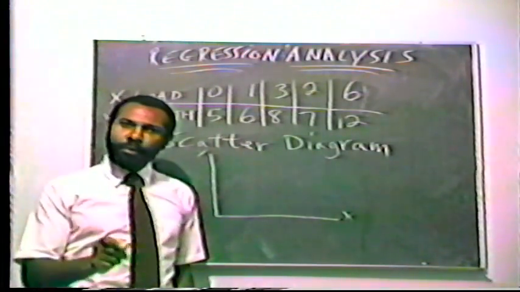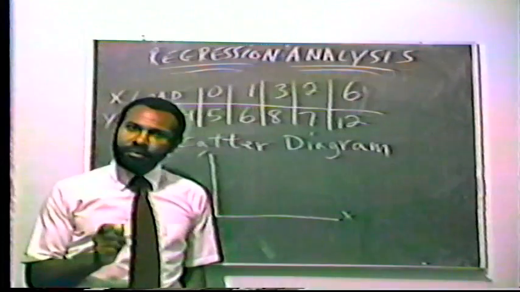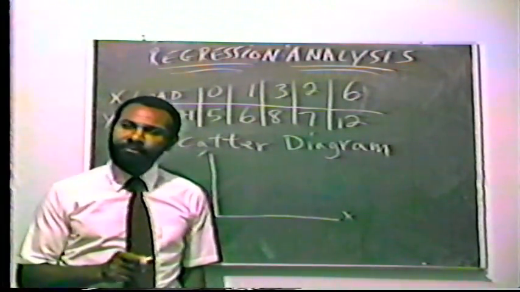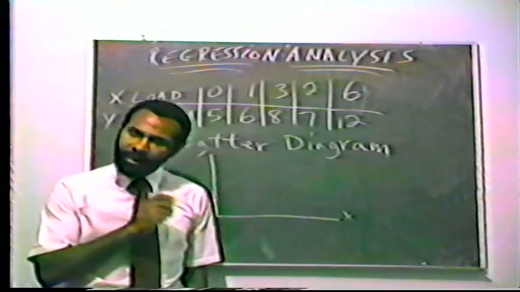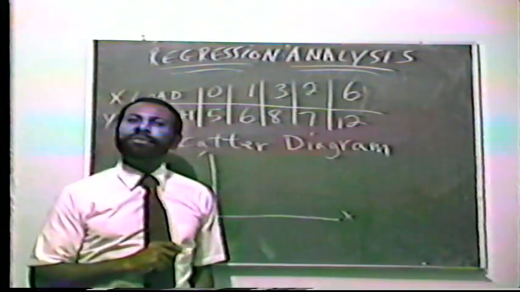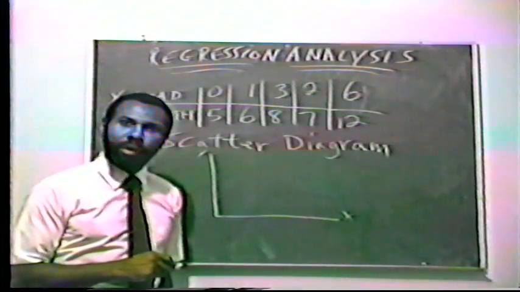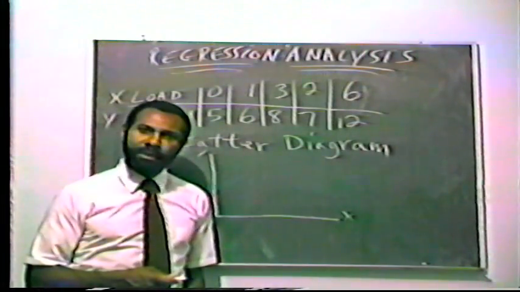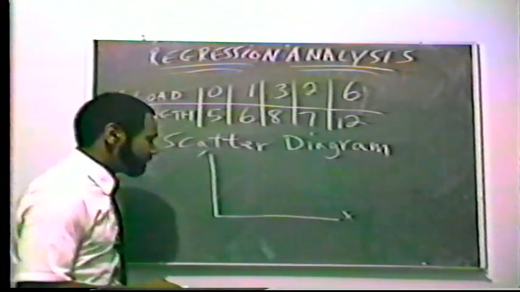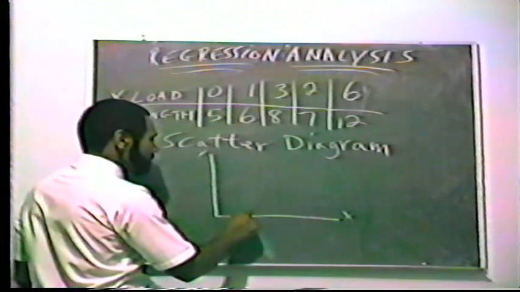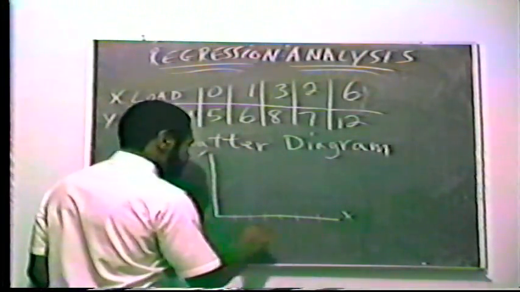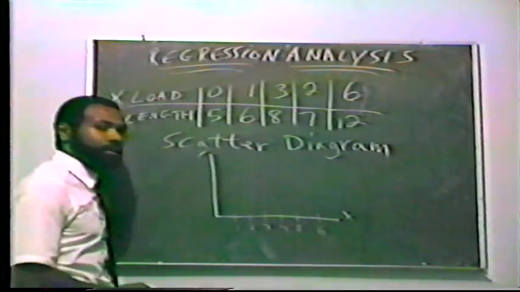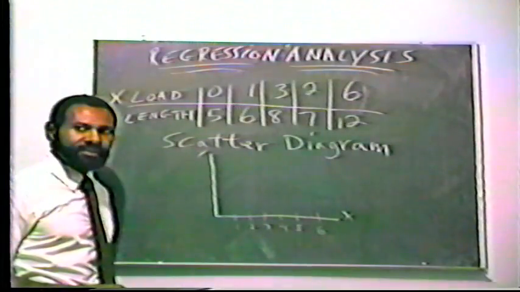Now, when you do your problems, it's up to you to decide what scale you will use on the x and y axes. For this example, I'm going to count by 1, since I have very small numbers. If you have very large numbers, of course, you will probably have to count by something other than 1. So I'm going to go 1, 2, 3, 4, 5, 6, and that will take care of all my numbers on the x-axis.